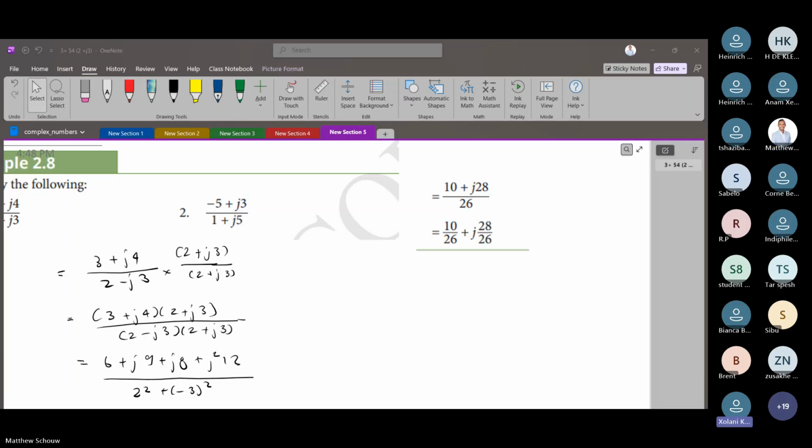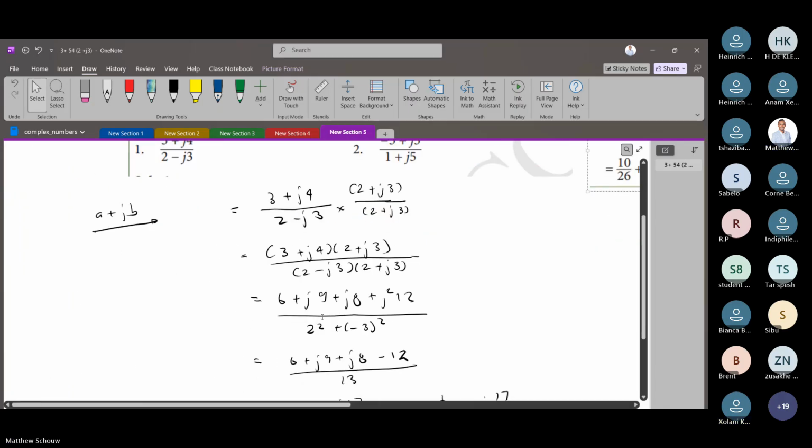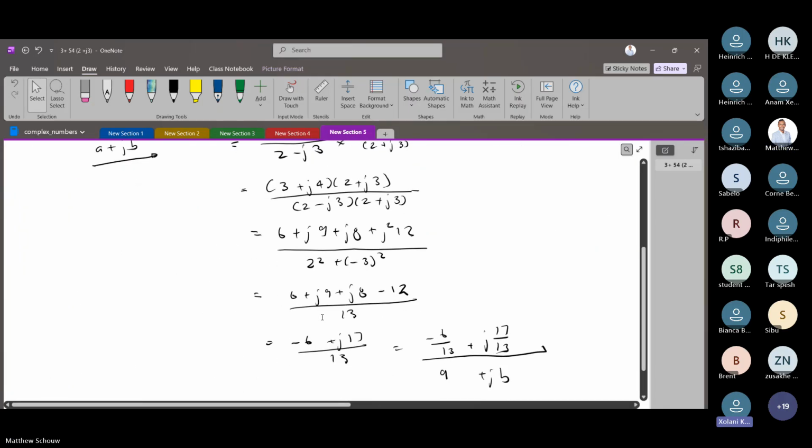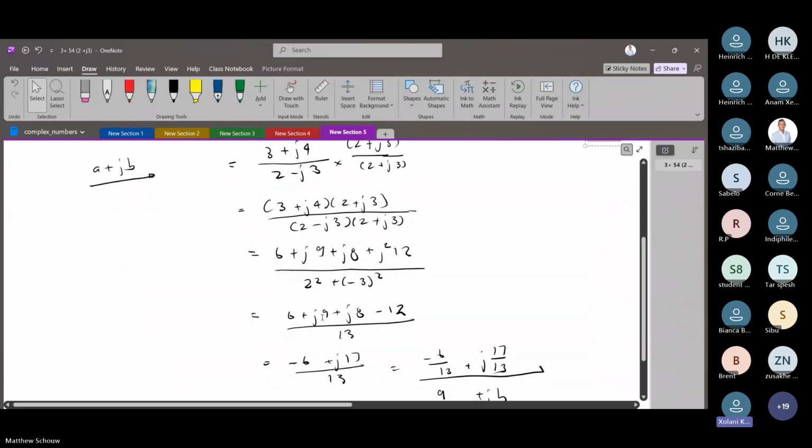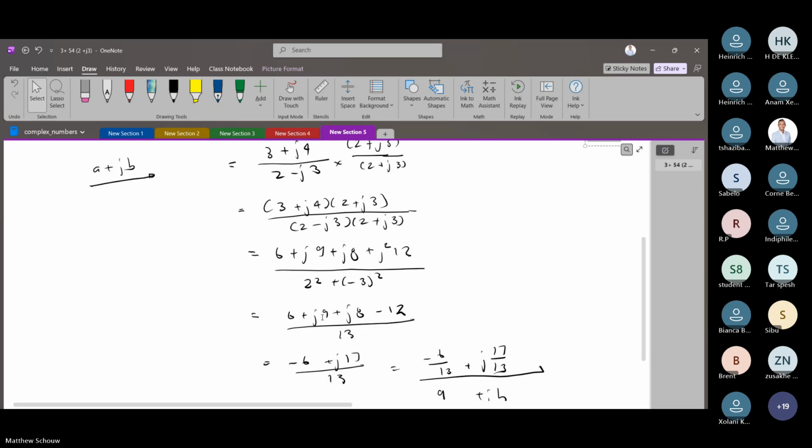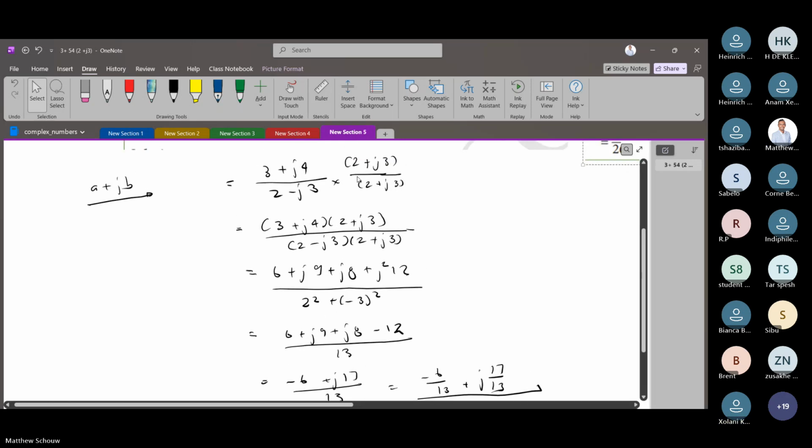Sir, I'm still confused by number 1. That's fine. Where are you confused? There, where we're multiplying by 2 plus j3 on top. I think it's the second step, this over here. So we're multiplying this by the conjugate of this over here.